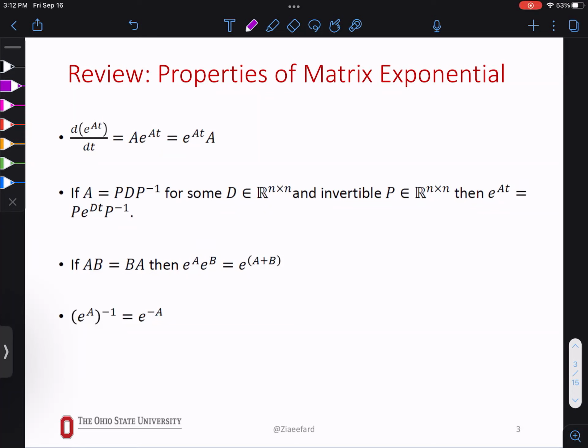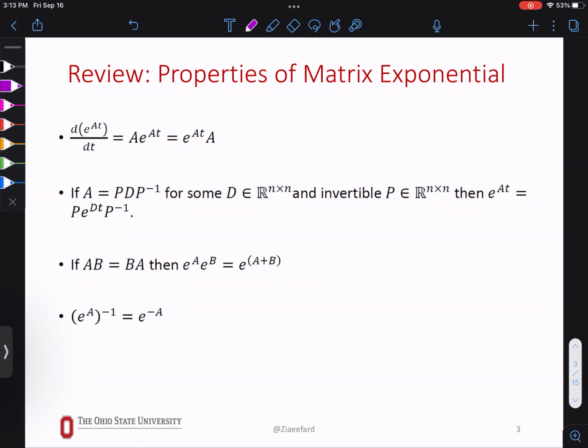Now, if your A matrix is in the form of P times D times P inverse, when you calculate, it becomes a number. So if A is that expression, for some D matrix in R n by n, we don't know what D is, we are just assuming any matrix that's 3 by 3, 4 by 4, 5 by 5.